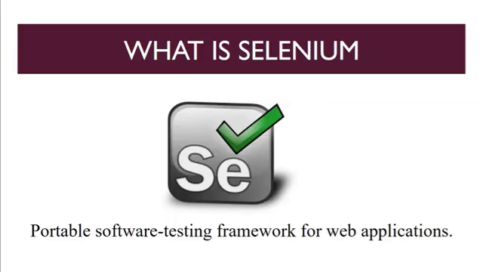Selenium is a portable software testing framework for web applications. Testing done using the Selenium tool is usually referred to as Selenium testing, and it is an API for web browsers. Selenium is a set of different software tools, each with a different approach to supporting test automation. There are four tools in Selenium: Selenium IDE, Selenium RC, Selenium WebDriver, and Selenium Grid.